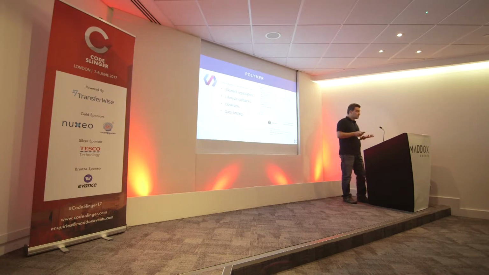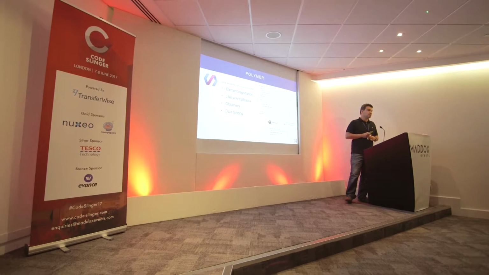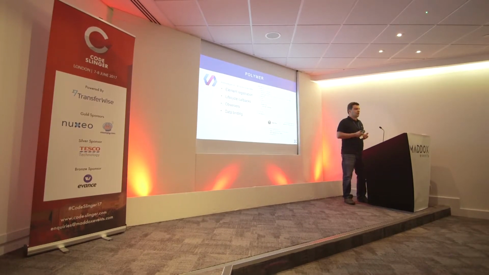And when we were doing so, we ran into Polymer, which is a library started by some folks at Google, whose goal was to make it easy for us to build these web components. And it also, at the time, sheltered us from the changes in the specs. The polyfills have since been moved to a different project, but it allowed us to focus on what we wanted to do, which was build web components.